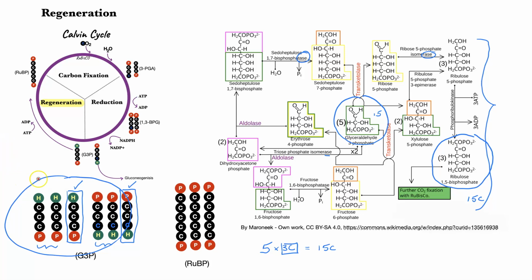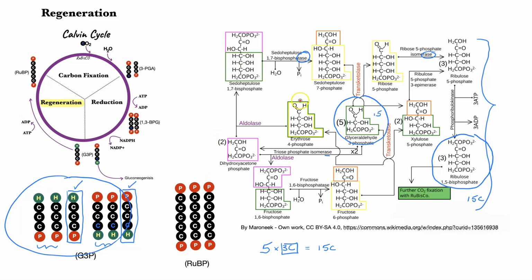It's important you recognize that in 1 turn, we used up 1 RuBP, but there are still 2 more to keep going for the next turn. As one of these G3Ps is added to the system, there are already 4 of them waiting, and the cycle continues.